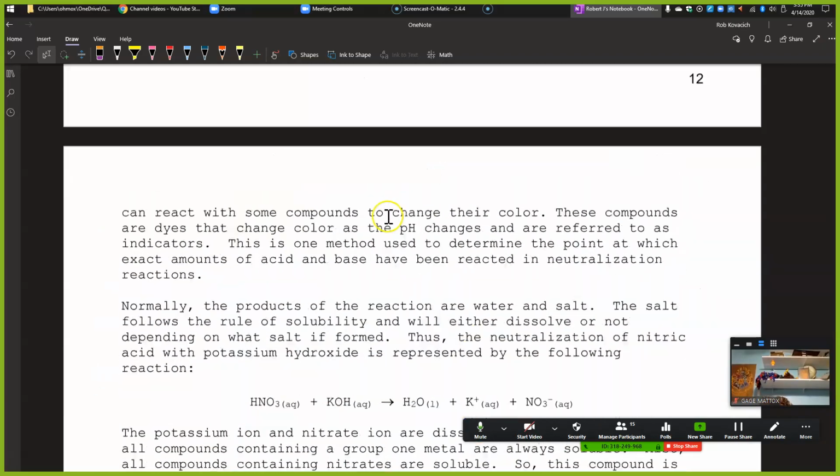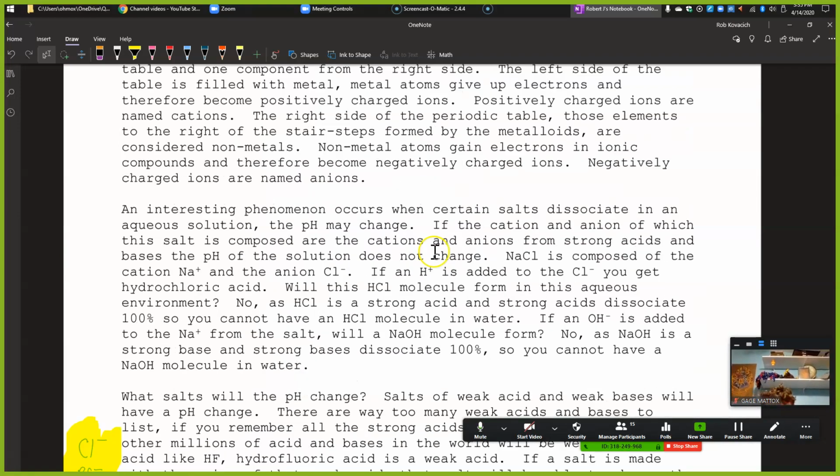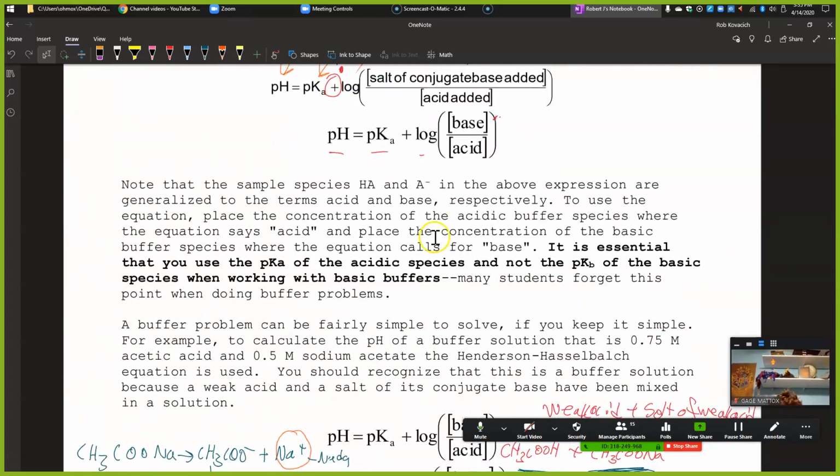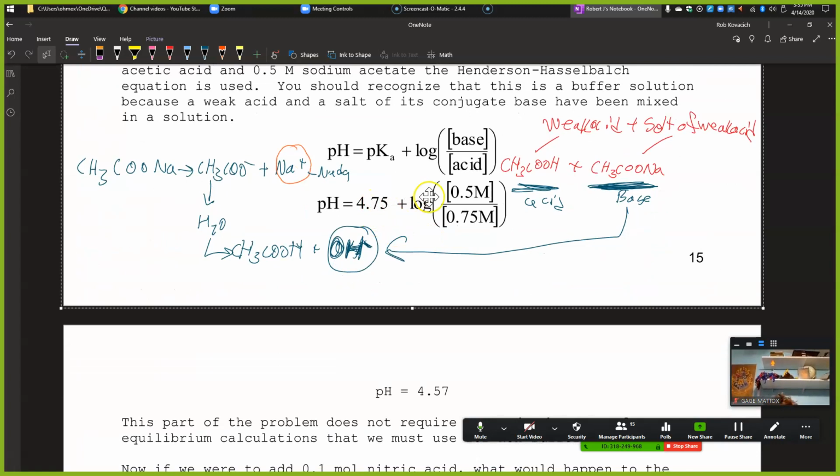And so let's go up to find acetic acid on this list. So it's at the top. So the pKa for this is 4.76. Looks like I typoed it or looked at a different list. Doesn't really matter. So there's my pKa. And so then I'm going to punch in the concentration of the acetic acid as 0.75 and the sodium acetate as 0.5.